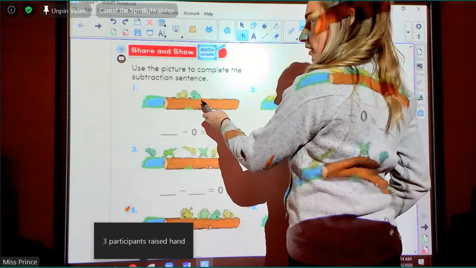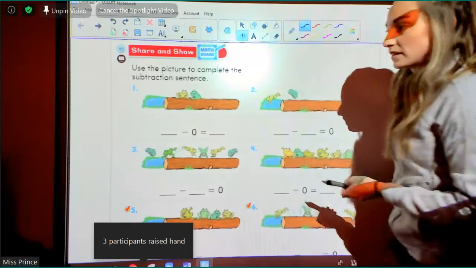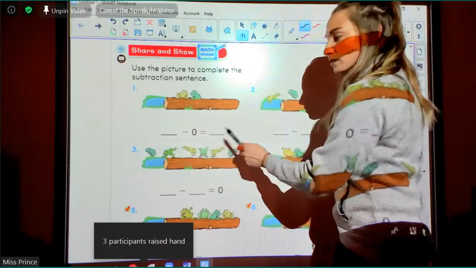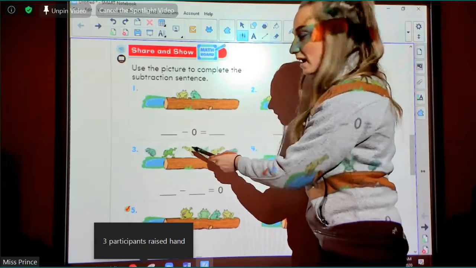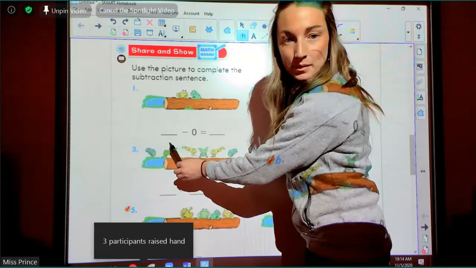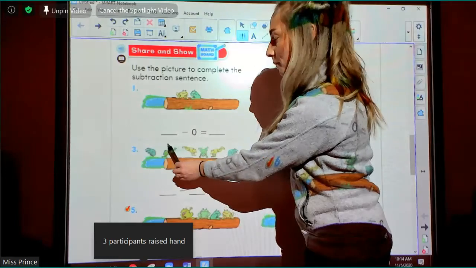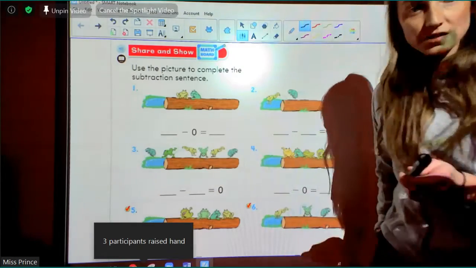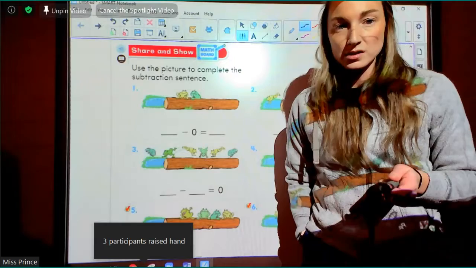Use the picture to complete the subtraction sentence. Before we even start filling this in, boys and girls, we have to look at what they already gave us. Right now it says, that's the mystery part, take away 0 equals. First thing we're going to do is figure out the number we're starting with.